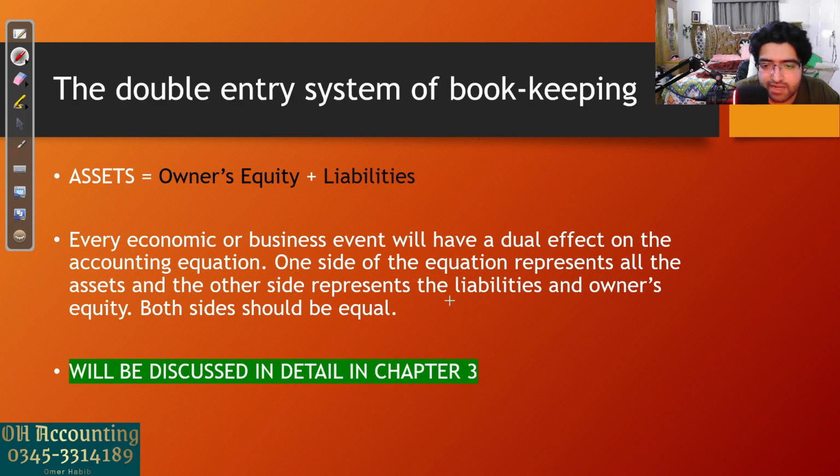Both sides should be equal. I have told you all that. This will be discussed in detail in chapter 3. The double entry system will be discussed in detail in the next chapter. I will make the video of that chapter after this. So don't worry about the double entry system for now, but just remember that any business event or transaction will have a double impact on the accounting equation. I will show you how. Let's see.